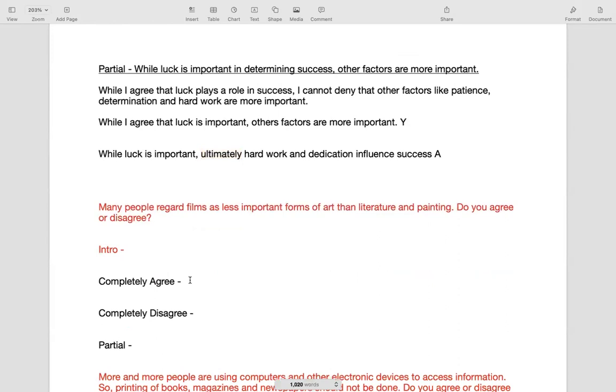What does completely agree mean? That we're agreeing with this given statement. Which means what? Many people regard films as less important forms of art than literature and painting. So what is less important? What is more important?